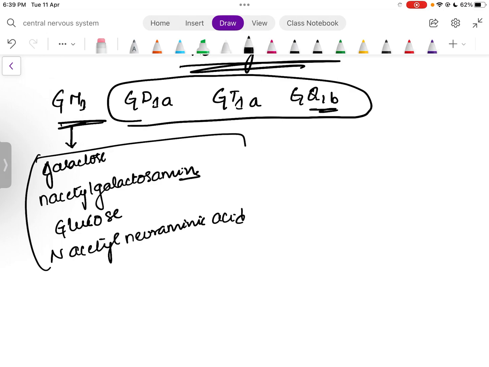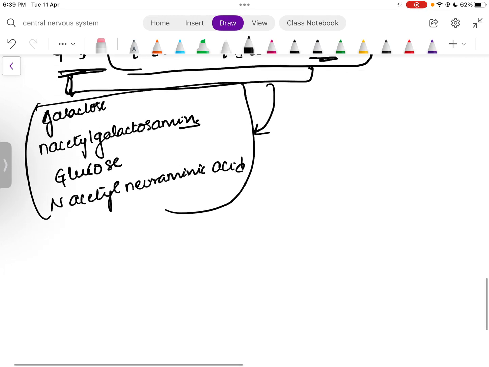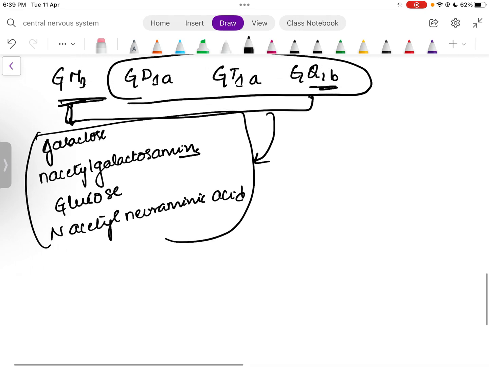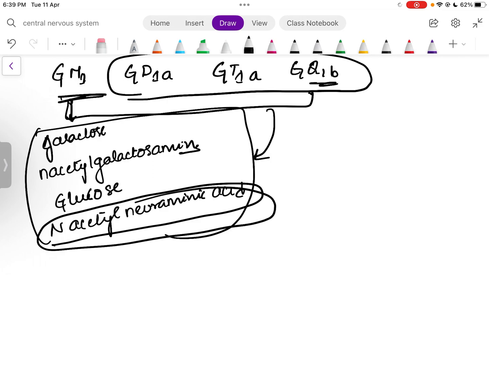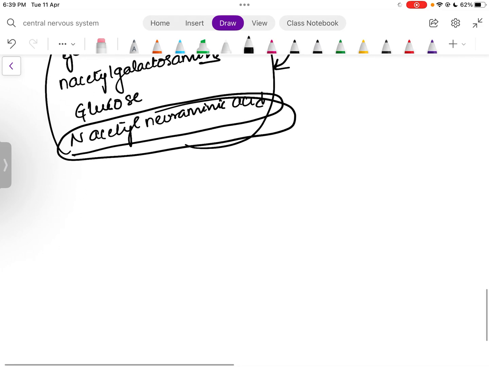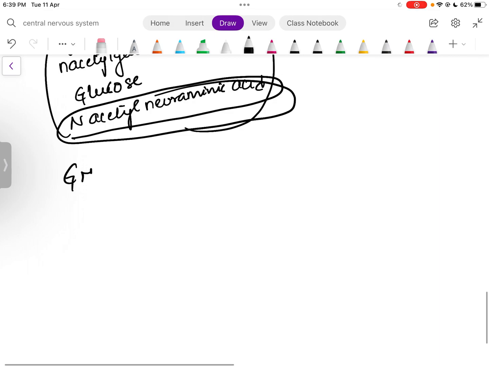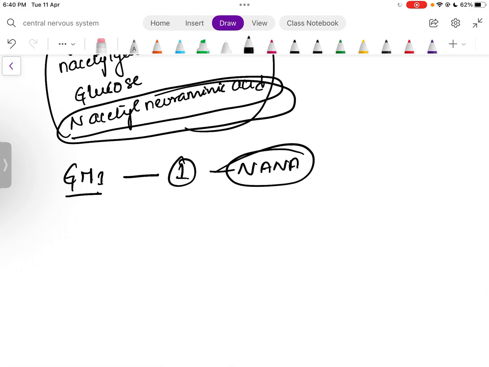This is the composition of all these glycoconjugates. But what is the difference between these four types? The number of N-acetyl neuraminic acids is different in each of them. GM1 has only one N-acetyl neuraminic acid, called NANA.